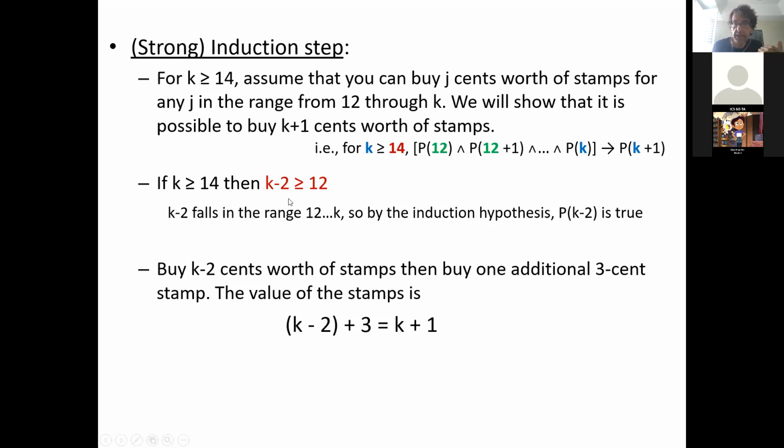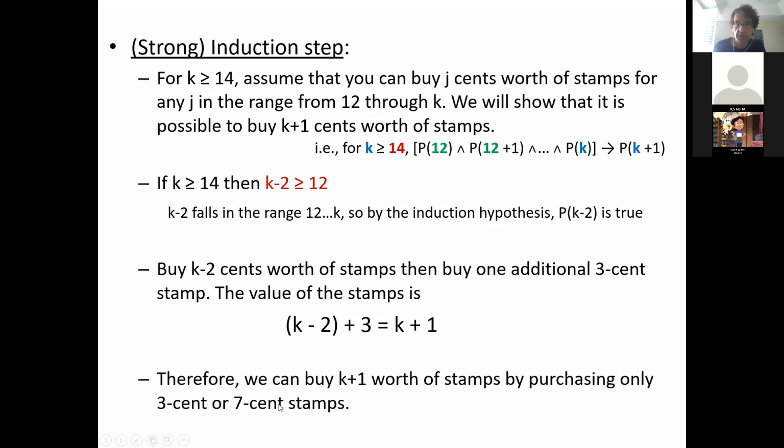So all I need is that the predicate holds about 3 steps before this one. And that is true, right? Because k minus 2 is expressible as a bunch of 3s and 7s, and now you just added one more 3 to it.